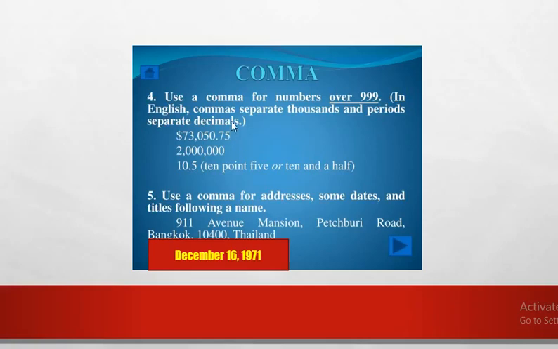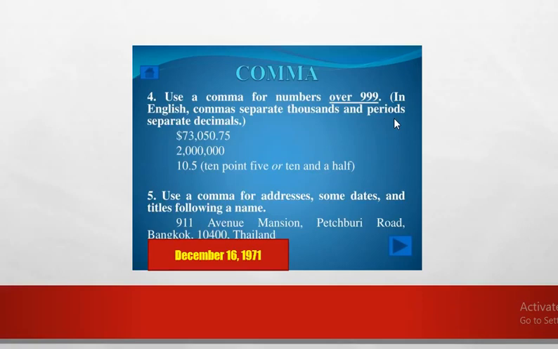Comma is also used for numbers over 999. In English, commas separate thousands and periods separate decimals.